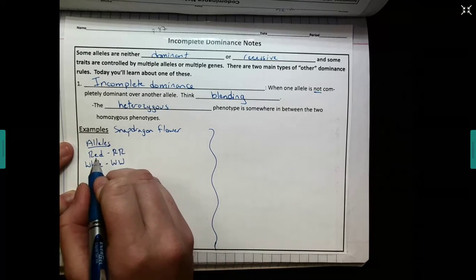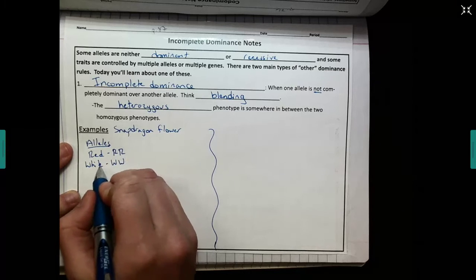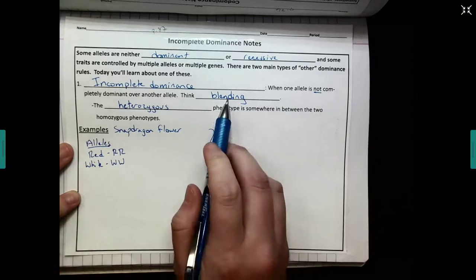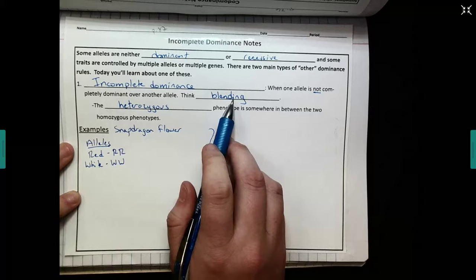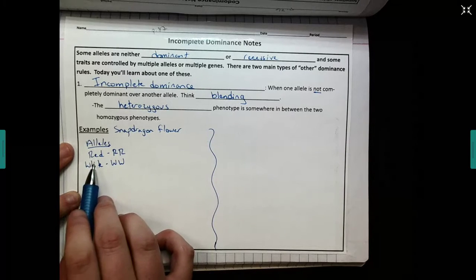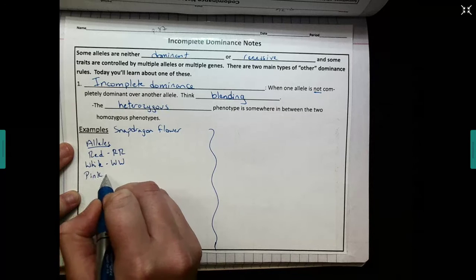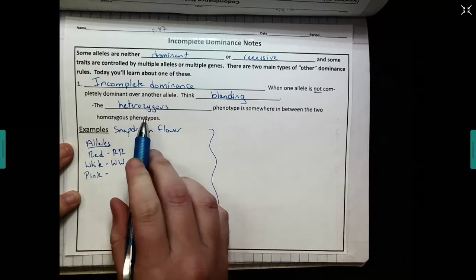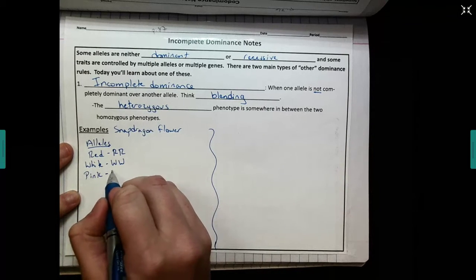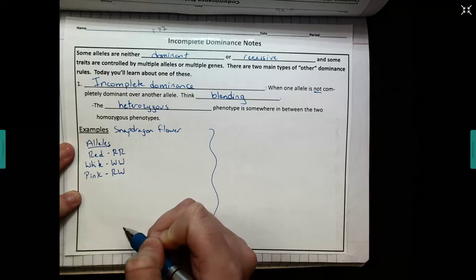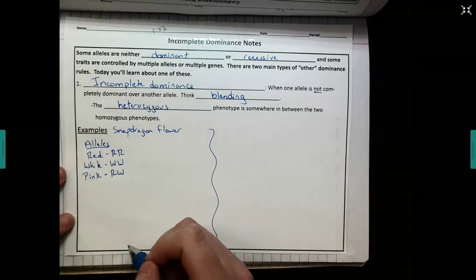And then if I crossed a red snapdragon and a white snapdragon, I would end up with a blending. And if you think about an art class, what color do you get when you blend red and white? Well, you get pink. So the heterozygous genotype here would be RW, to give us pink.